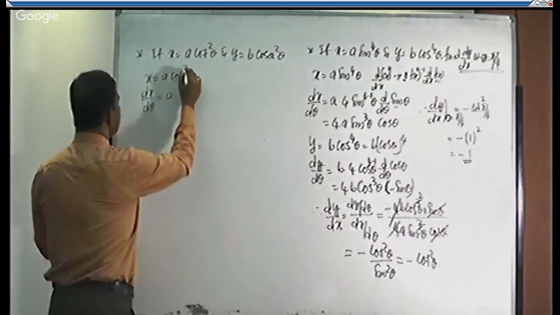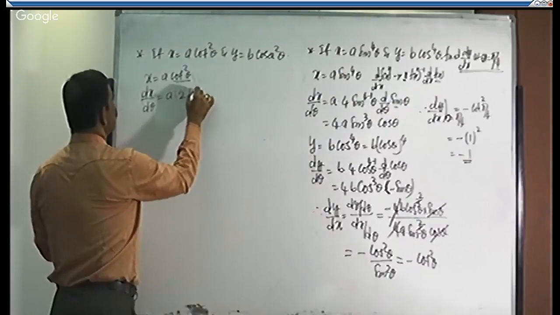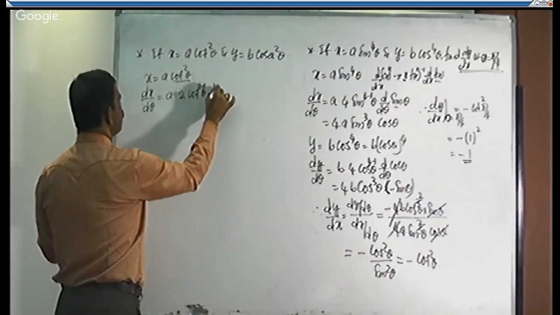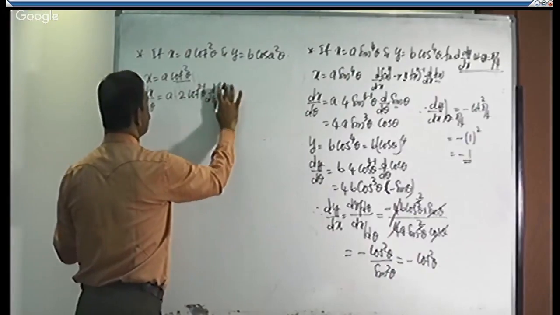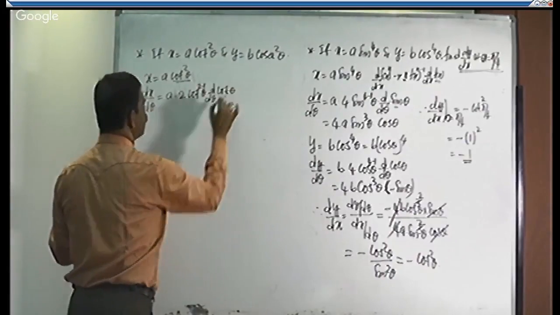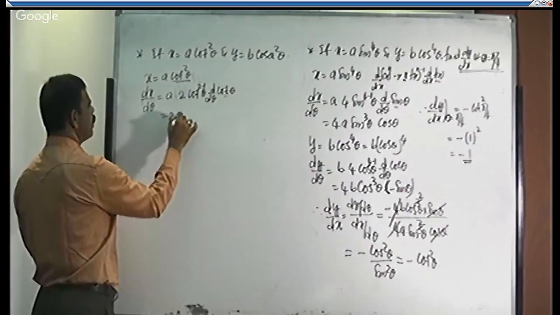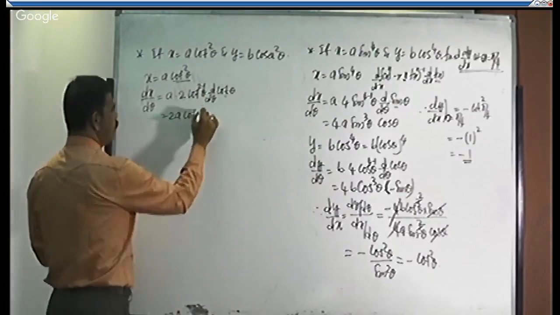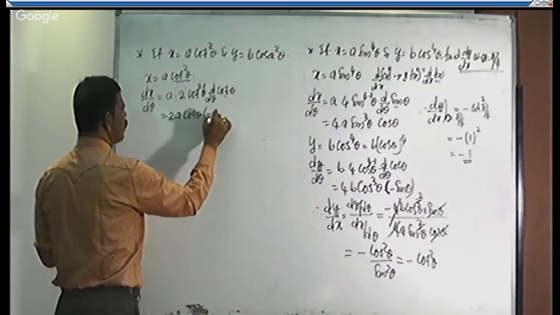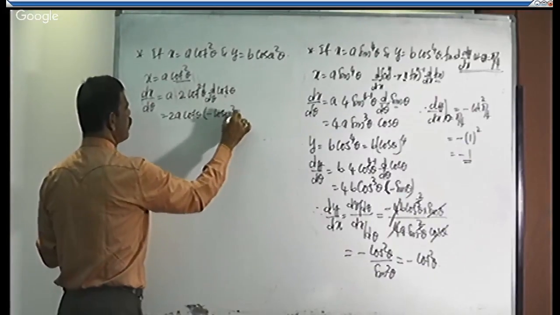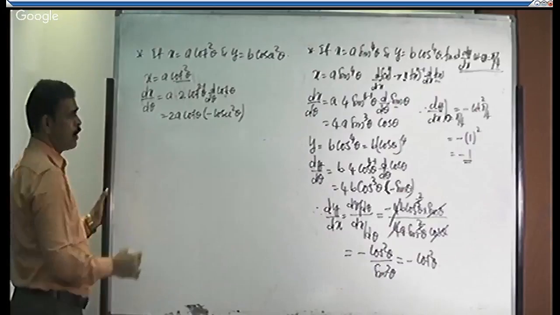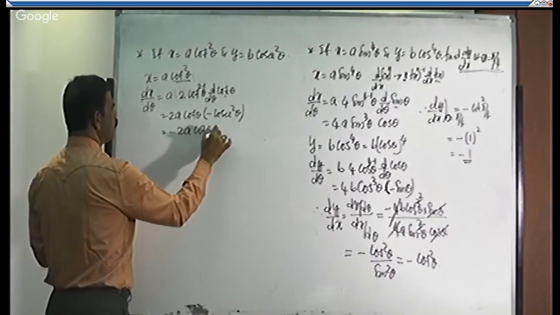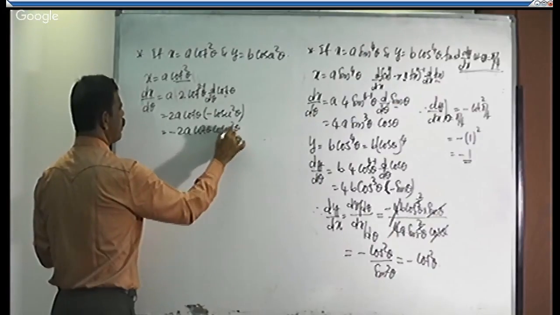What is n here? 2 into cot to the power of 2 minus 1 into d by d theta of cot theta. It is 2a into cot to the power of 2 minus 1, which is 1. Differentiation of cot theta is minus cosecant square theta. It is minus 2a into cot theta into cosecant square theta.